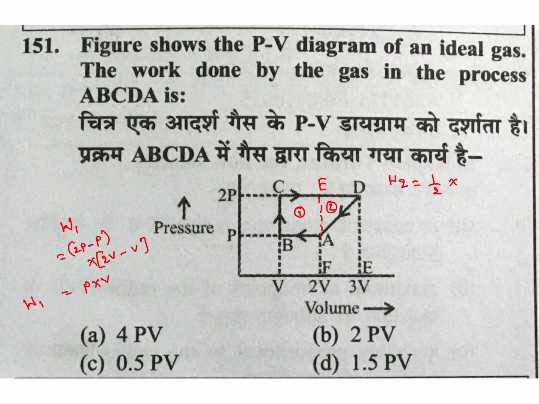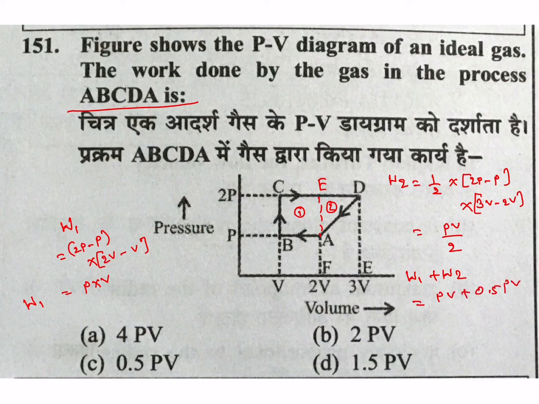Half into base into height, AE into DE. So AE is how much? 2P minus P, into DE is 3V minus 2V, so PV by 2. So total work done by the gas in the process A, B, C, D, A is W1 plus W2, which is 1.5 PV. D is your correct answer.